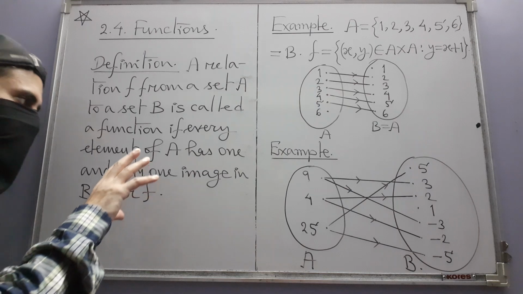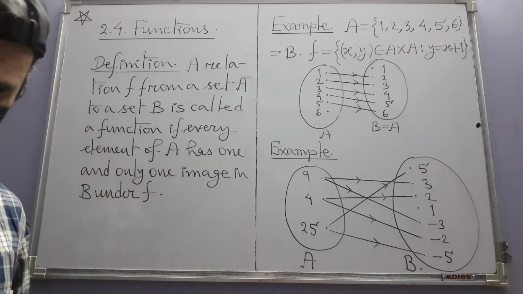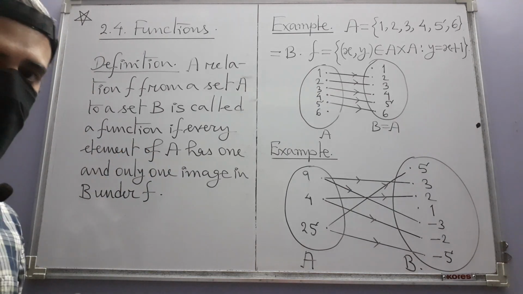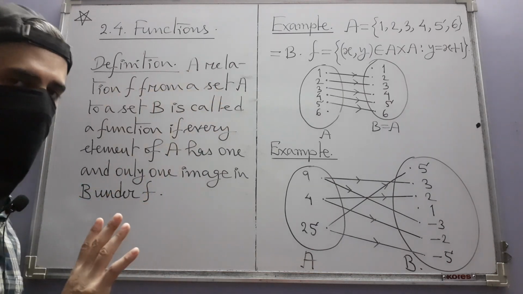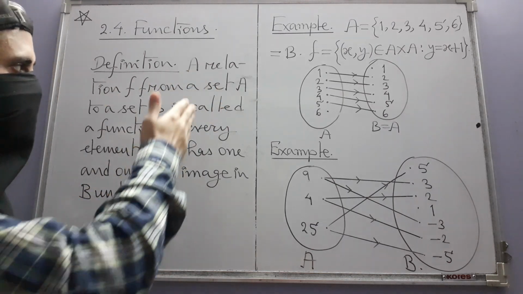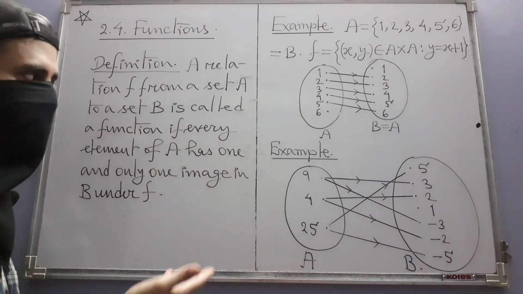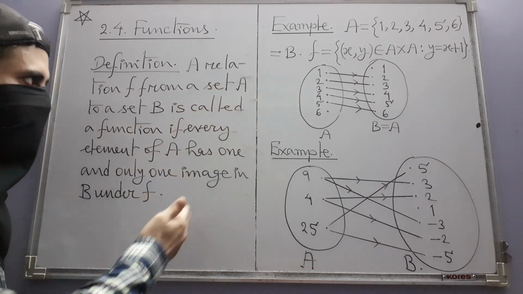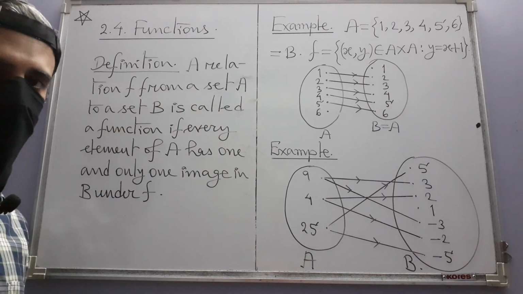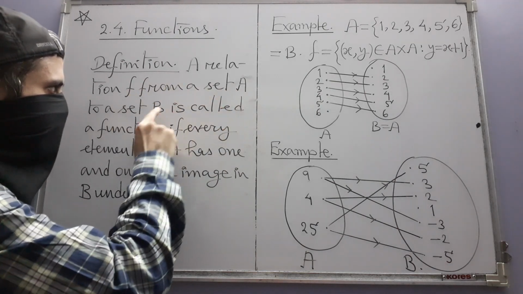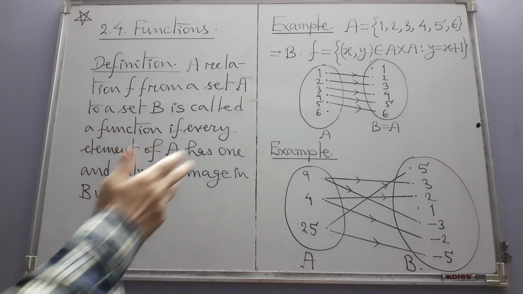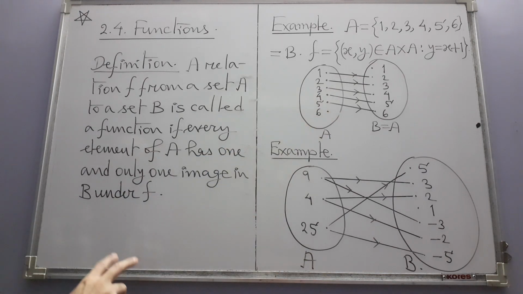We have to first understand what this thing is. As we said before, a function is nothing but a relation. A relation, we know, is an object that links elements of one set to elements of another set. So we take a relation F from set A to set B, whose arrow diagram will look something like this.